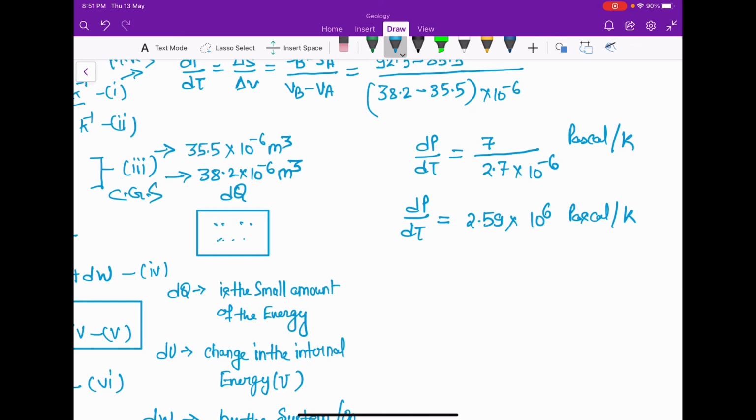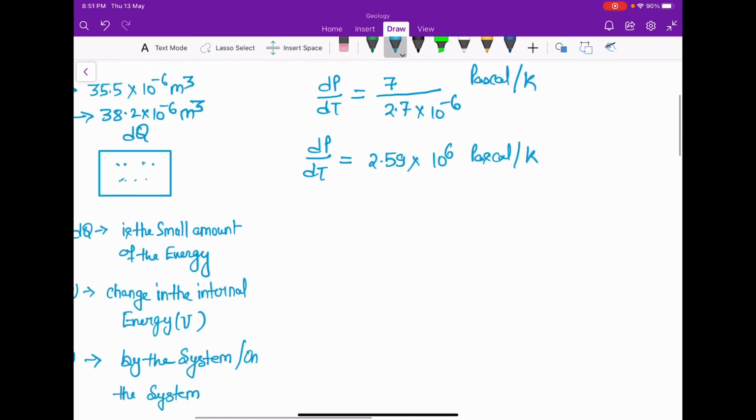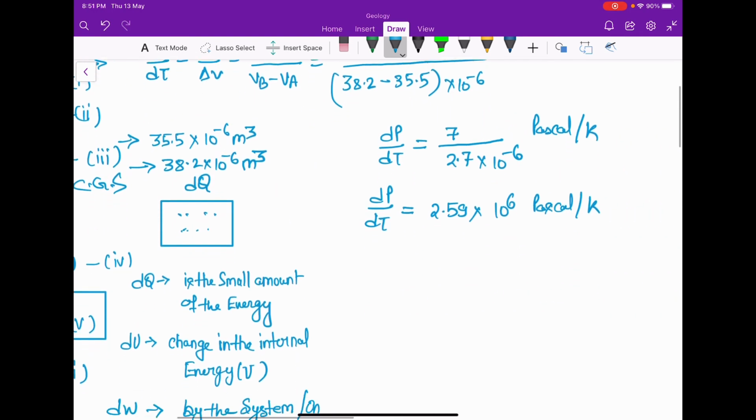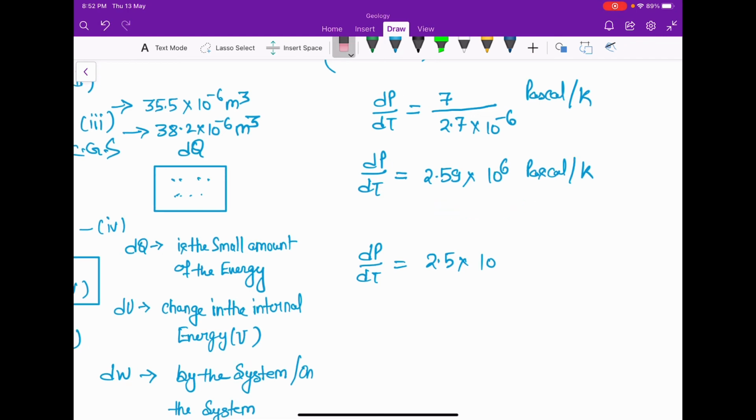Or you can convert into another unit, because the answer is asked in bar. 1 bar is equal to 10 to the power 5 Pascal.